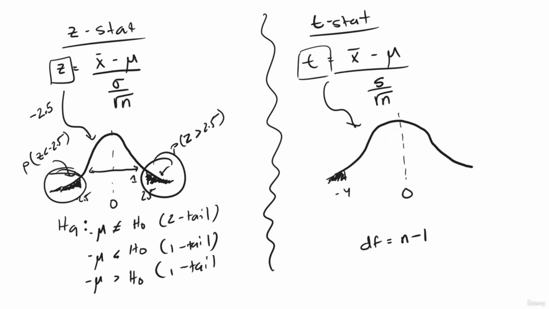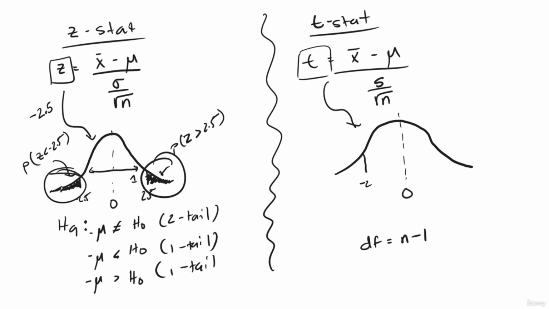And so how that accounts for uncertainty is that if we're using a T-distribution, our x bar has to be further away from our hypothesized mean in order for us to have the same level of significance as under a standard normal. For example, this 2.5 over here had this amount of area. A 2.5 over here might have way more area.